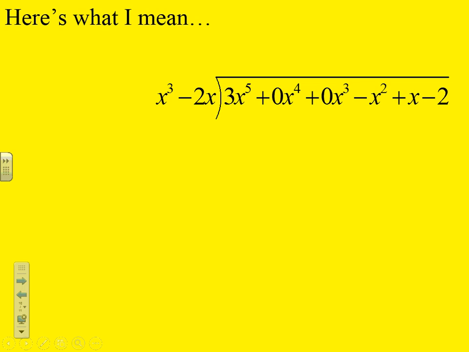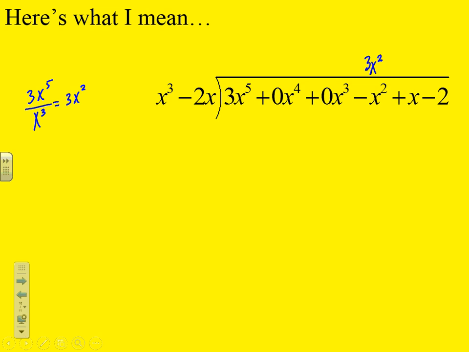So here, the process is starting off the same way. 3x to the 5th, the first leading term, divided by x to the 3rd, the leading term of the divisor. So 3x to the 5th divided by x to the 3rd is going to be 3x squared. So I'm going to put that 3x squared over the x squared term of the problem to make sure, again, we want to keep our alignment proper.